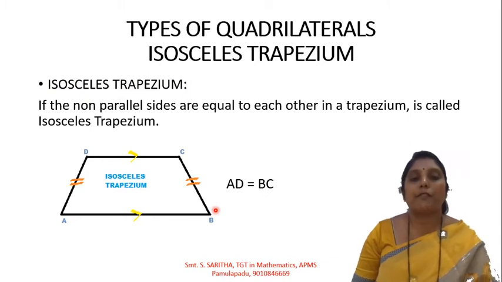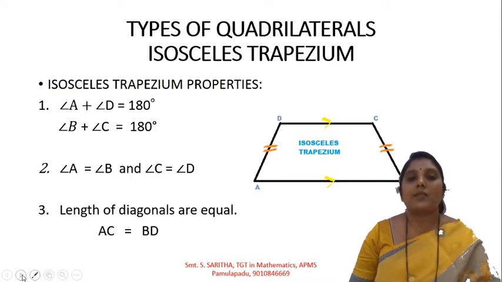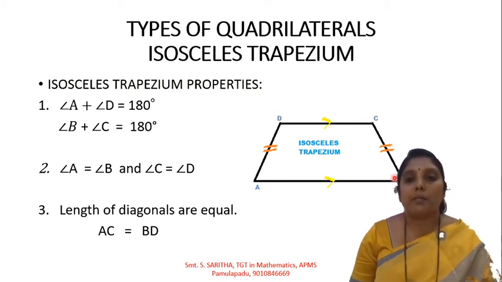Since the isosceles trapezium is defined from trapezium, all the properties of trapezium are satisfied for isosceles trapezium also. That is, angle A plus angle D is equal to 180 degrees. Angle B plus angle C is equal to 180 degrees. Also, the base angles in an isosceles trapezium are equal.